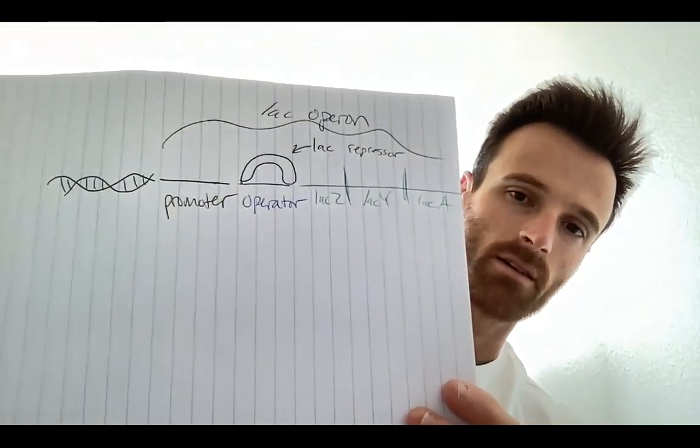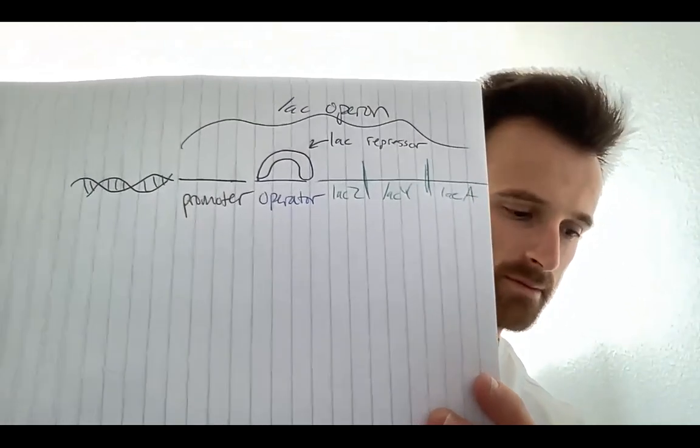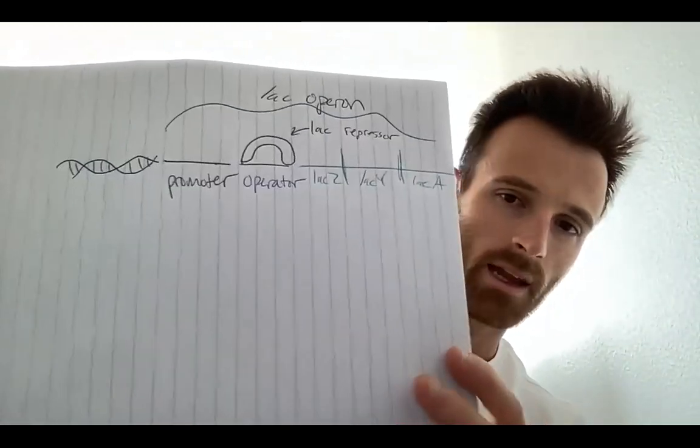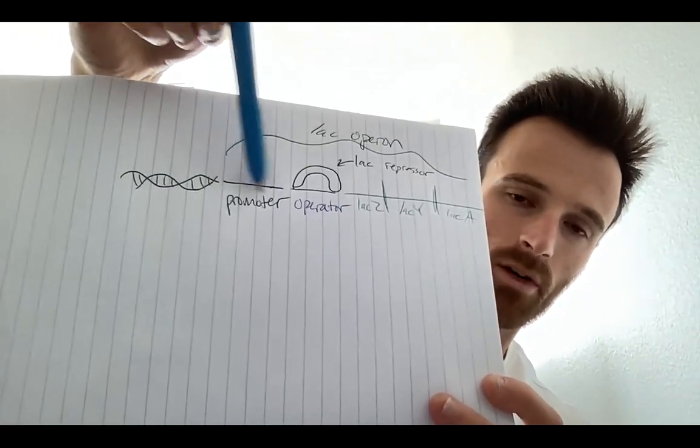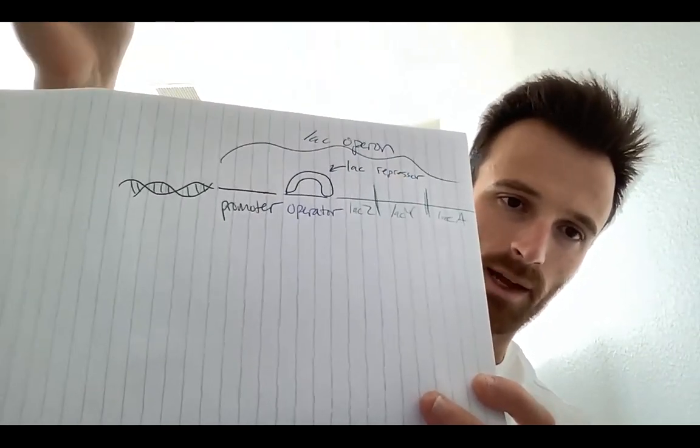There's our lac repressor. It's physically preventing RNA polymerase, which binds at the promoter, from transcribing downstream. It's always like this.